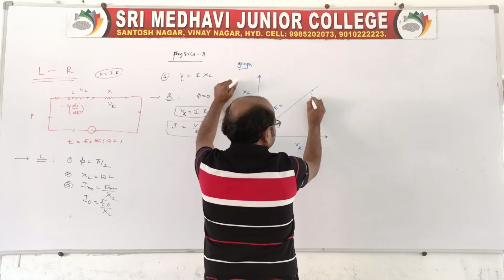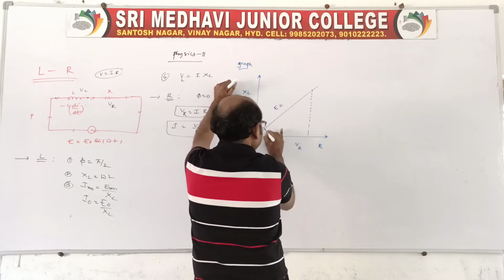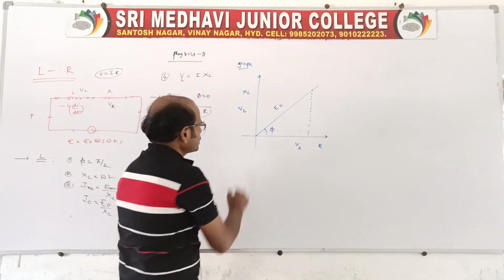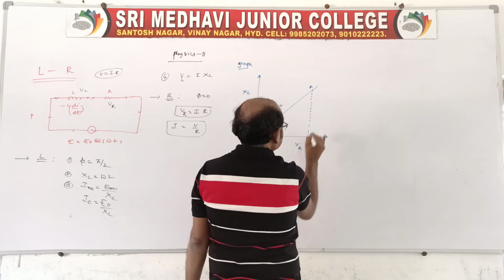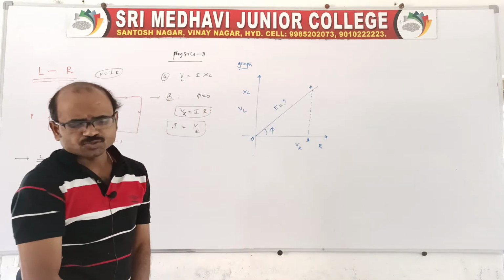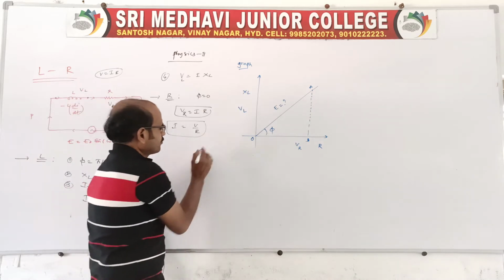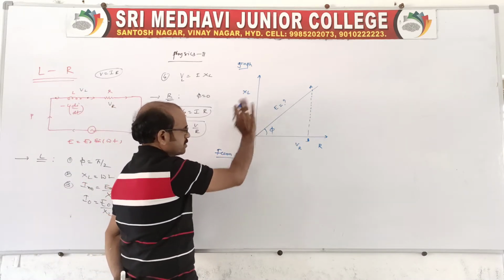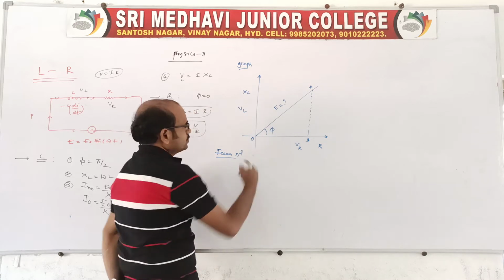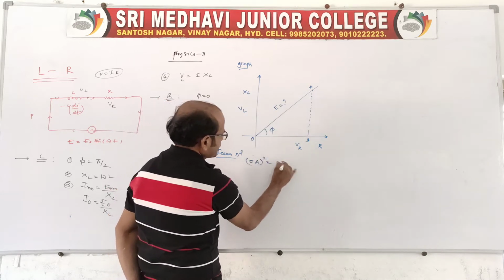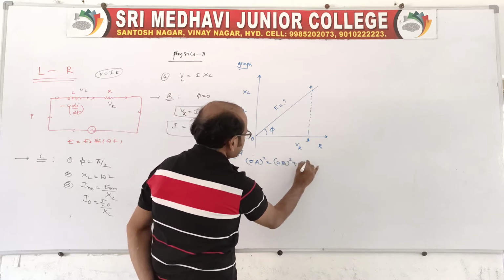Draw a triangle by using this, making a phase angle. Now come to the points O, A, B. We should get the EMF, we do not know the EMF. So follow very carefully, using the triangle. According to Pythagoras, OA whole square is equal to OB square plus AB whole square.